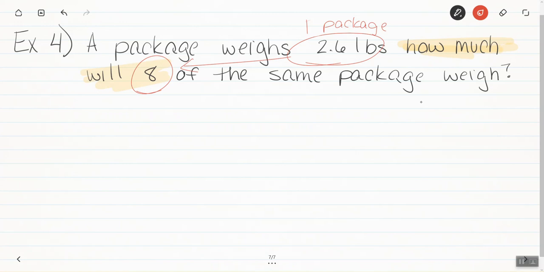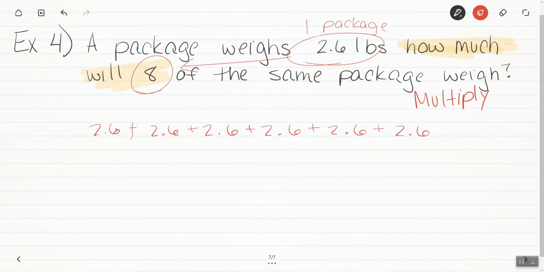So for this problem, it's going to be multiplication, because I'm going to take one package and add it together 8 times. But instead of adding it 8 times, I can just multiply it.